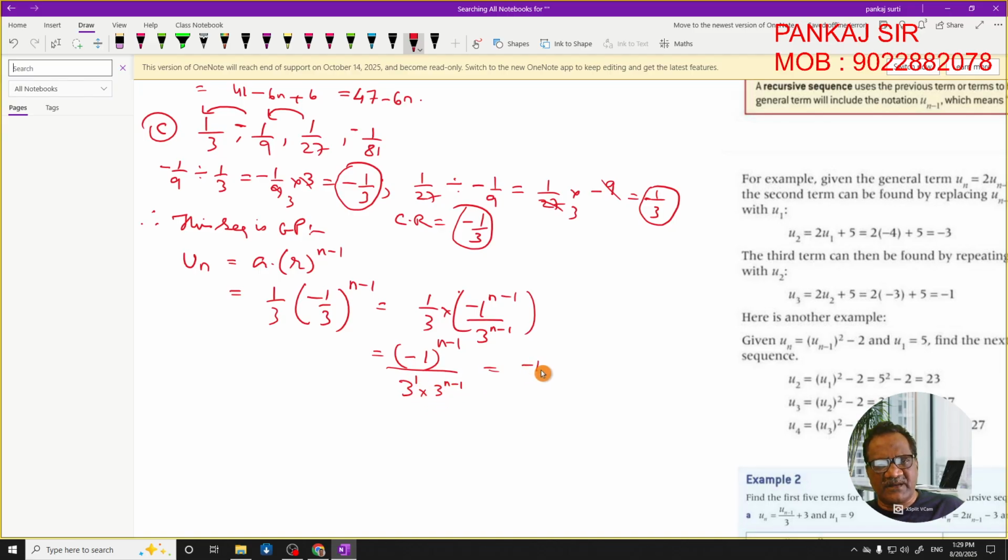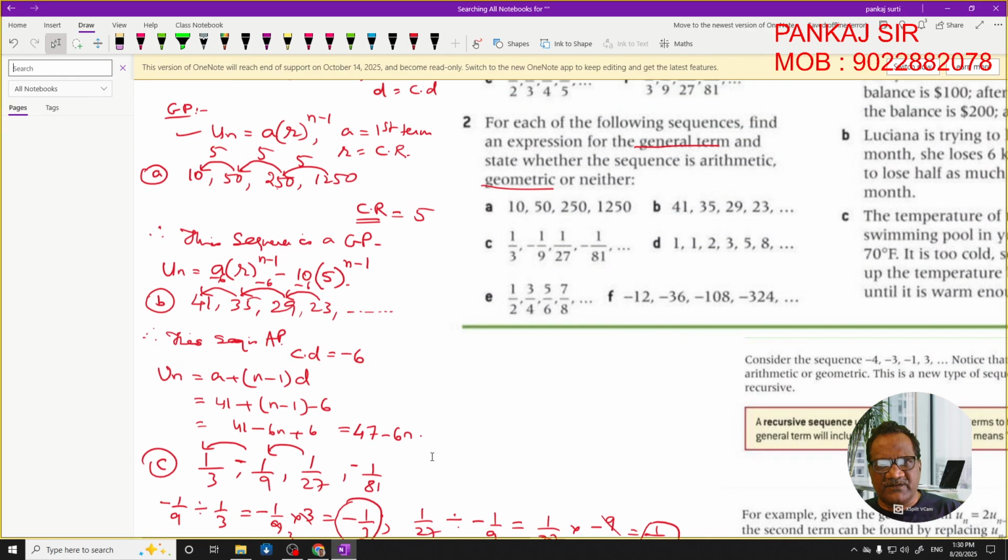This works out to minus 1 raised to n minus 1 times 1 upon 3 raised to n. So your final answer is UN equals minus 1 raised to n minus 1 upon 3 raised to n. This is the general term, and it's a GP. So for the first three we have decided whether it's an AP or a GP, and we found the general term also.